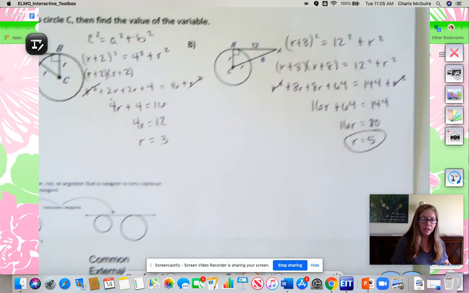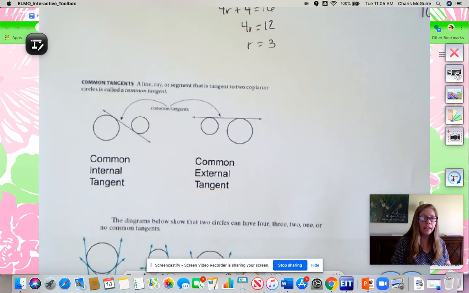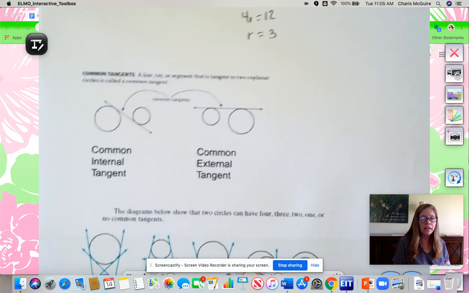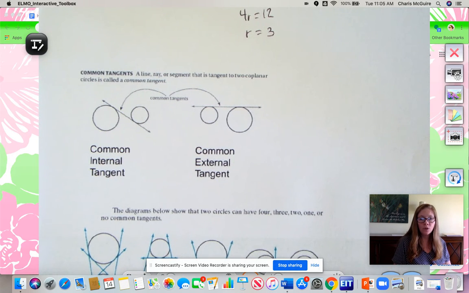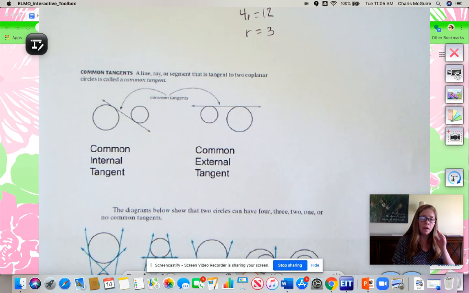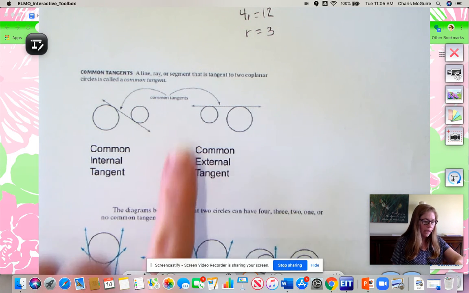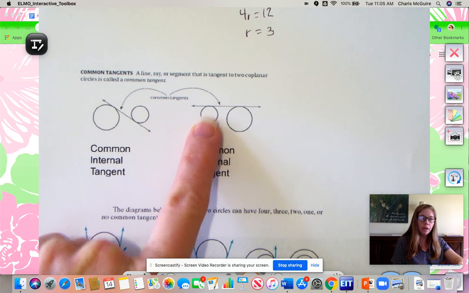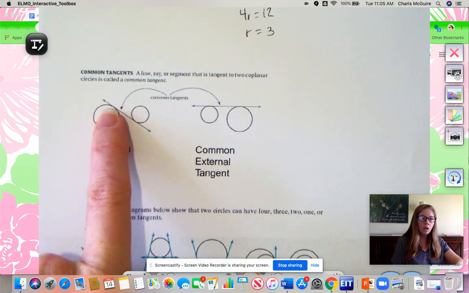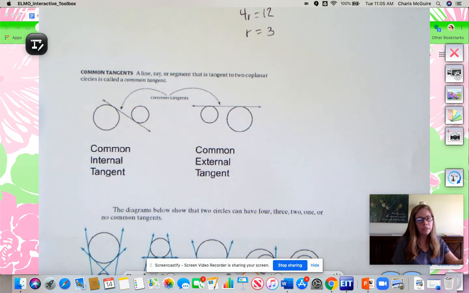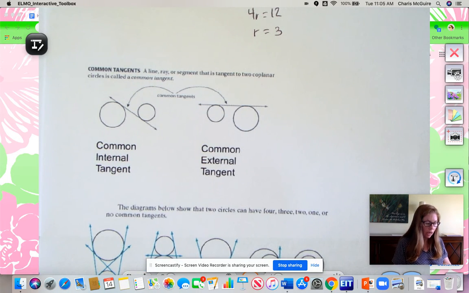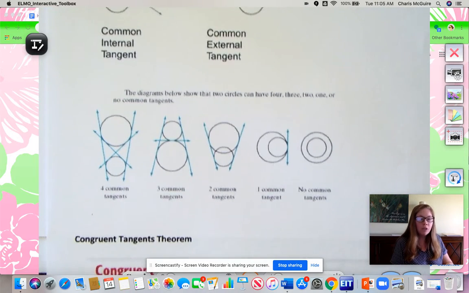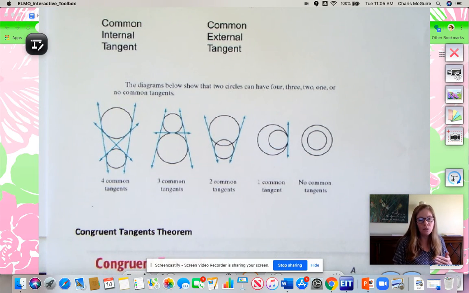And another thing that you're going to see and look at are just different ways that these lines of tangency can be represented. So sometimes circles have common tangents, and this is called an external one because they're not in between them. And this one is going in between the two circles, so it's an internal tangent. And then I've just given you some different ways that you can see this play out.